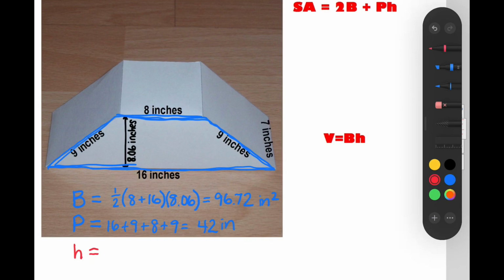Now the height of the prism, this is kind of the tough part because we used 8.06 for the height, but that was the height of the trapezoid. This h stands for the height of the prism. And my favorite way, if you want to write this down, this could be helpful: from base to base.